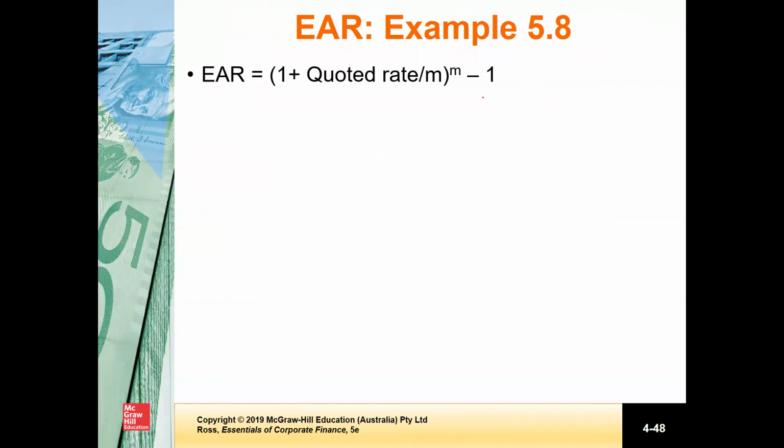So this is the EAR formula. You can see effective annual rate is 1 plus quoted rate divided by m, to the power m, minus 1. So quoted rate is the interest rate quoted, m is the compounding frequency.